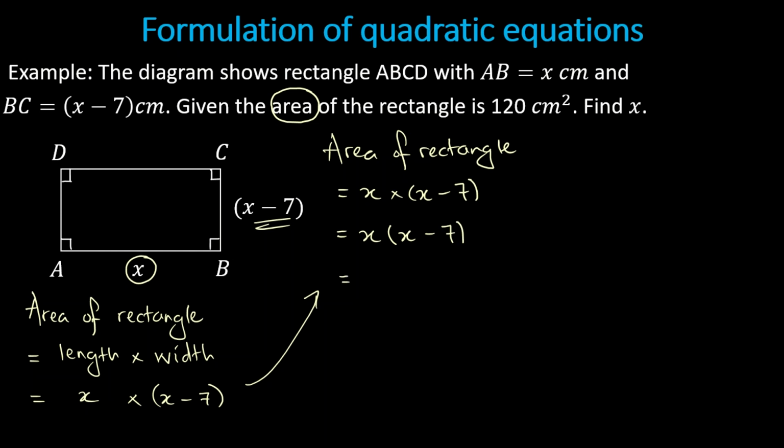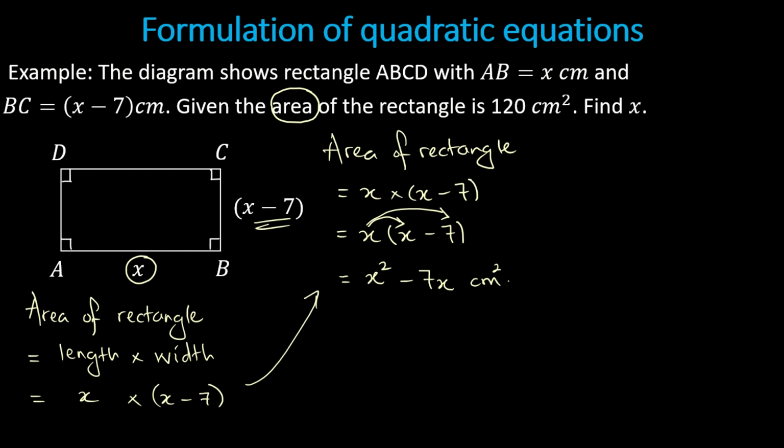Then we can expand the brackets. X times x is x squared. X times negative 7 is negative 7x. So this is the area of the rectangle. Yes or no? From the given diagram here, from the given figure.